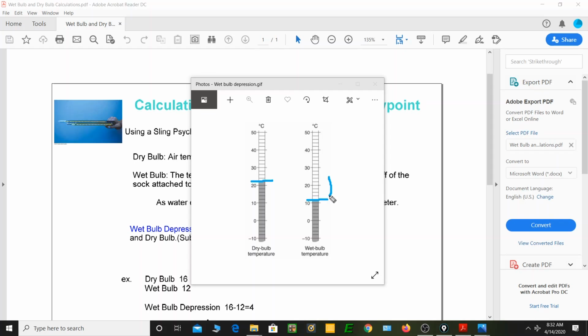You get it from subtracting. You take the smaller number, subtract it from the bigger because you always want a positive for the difference, and this is called the wet bulb depression. Okay, so the only math that we have to do here is subtraction.